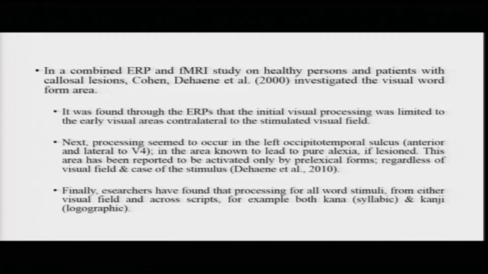In a combined ERP and fMRI study on healthy persons and patients with callosal lesions, Cohen, Dehaene and colleagues investigated this visual word form area in some detail. It was found through ERPs that the initial visual processing was limited to the early visual areas contralateral to the visual field.